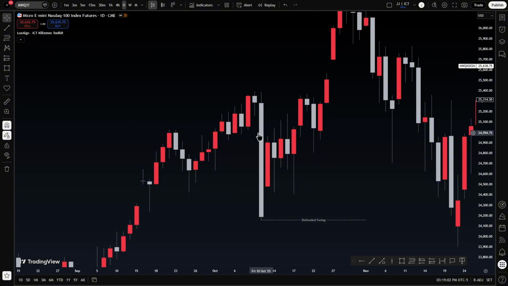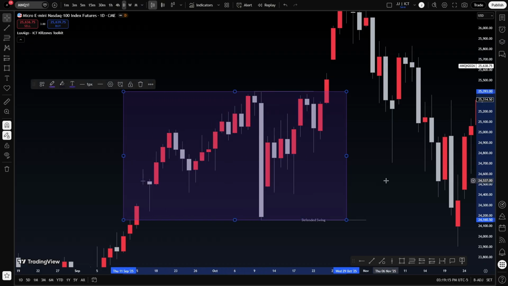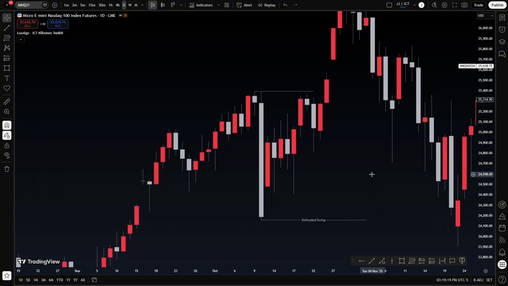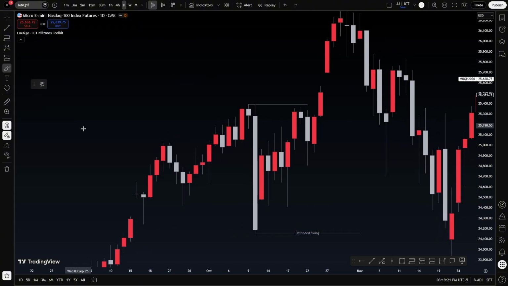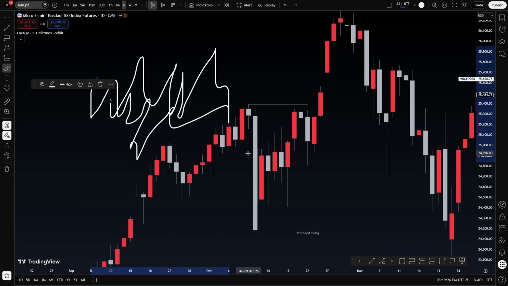Close proximity means, for example, the actual run lower that creates this swing would be starting from here. So anything inside of here would be close proximity. Now, if price goes outside this range and we start meandering up here, that's still okay too.